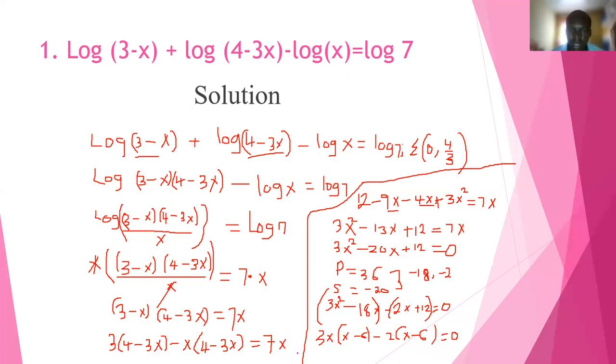Very good. Now we have x minus 6 and 3x minus 2 should be able to give us 0.